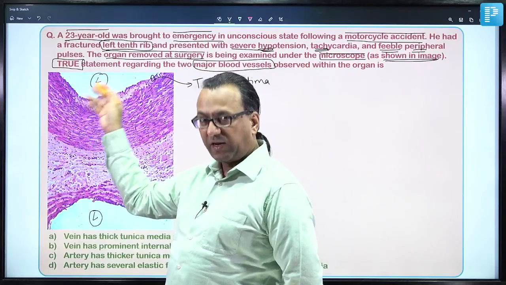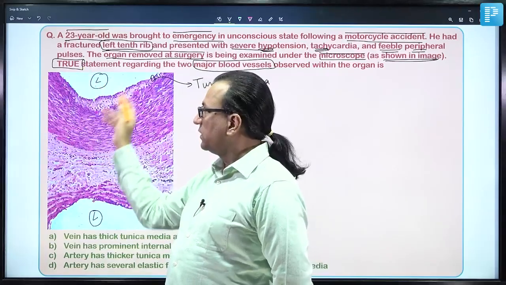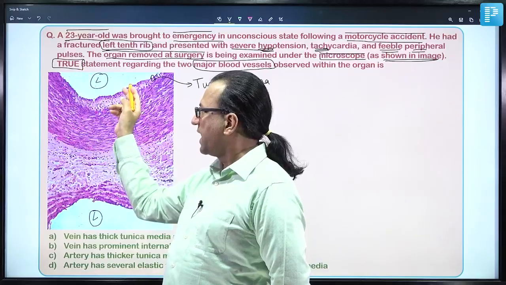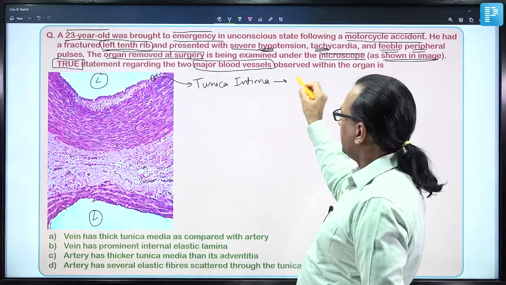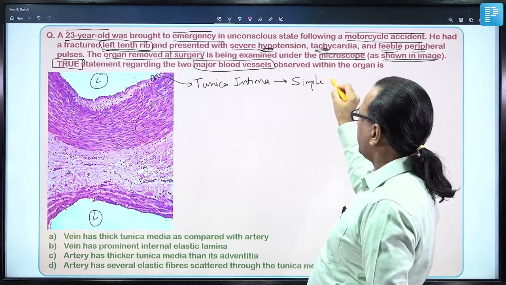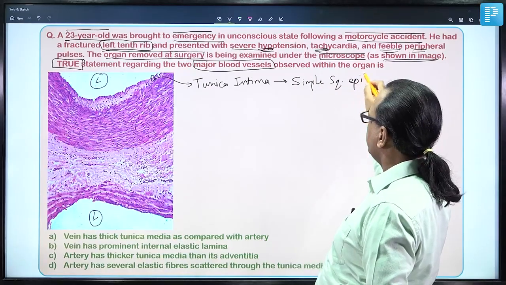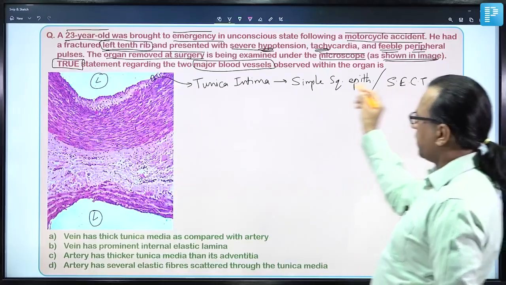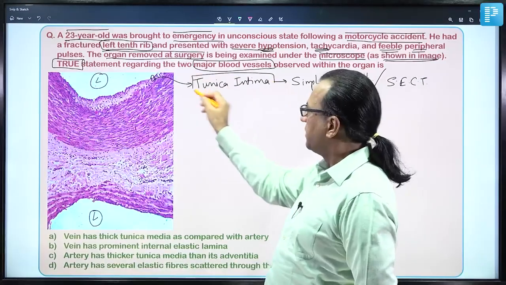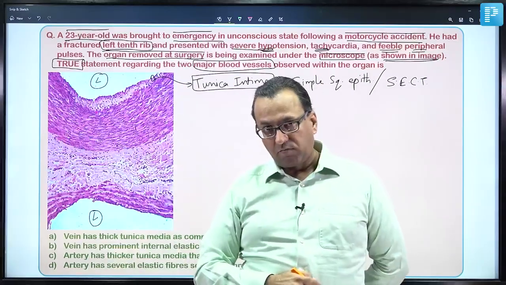The blood vessels will have blood passing. To keep the surface smooth, you must have simple squamous epithelium. And not only there'll be a simple squamous epithelium, the endothelium, but there'll be subendothelial connective tissue also in the tunica intima.